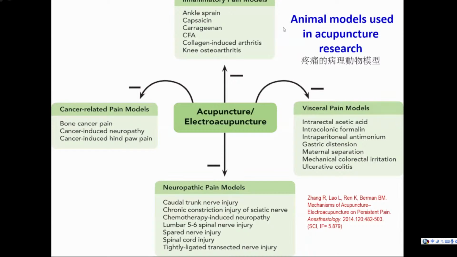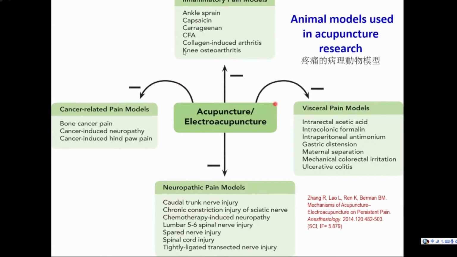Also, there is the summary paper published by Dr. Zhang and me together, published in 2014. We summarized all the previous research, which found lots of animal models used to mimic human pain conditions: inflammatory pain model, cancer pain model, visceral pain model, abdominal visceral pain like IBS, okay, and neuropathic pain model, like the sciatic nerve model.